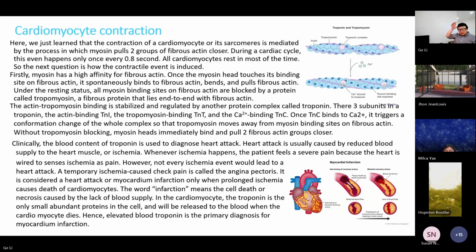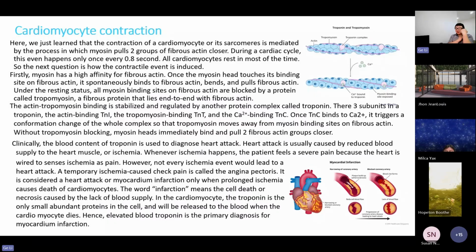Myosin has the natural affinity or natural response to the actin. So whenever the myosin gets close to the actin, they don't really see, but they touch the actin, and they will automatically drag actin closer.